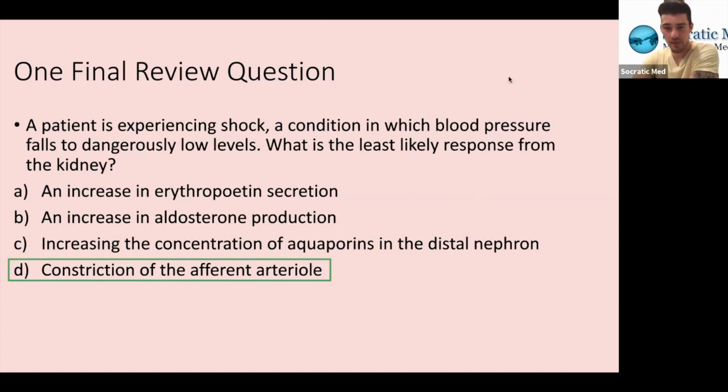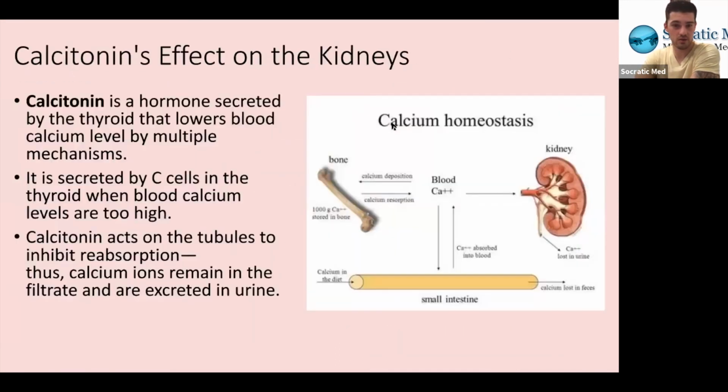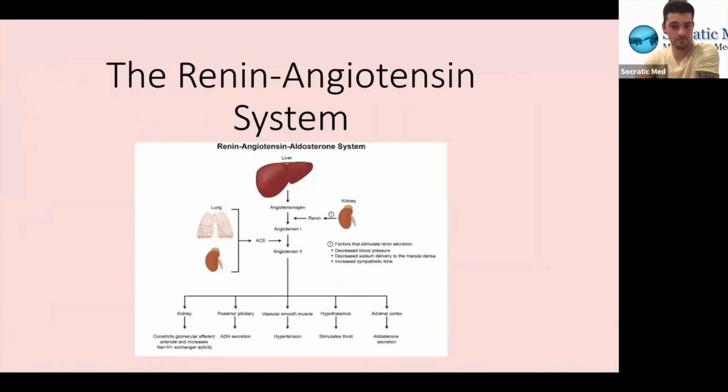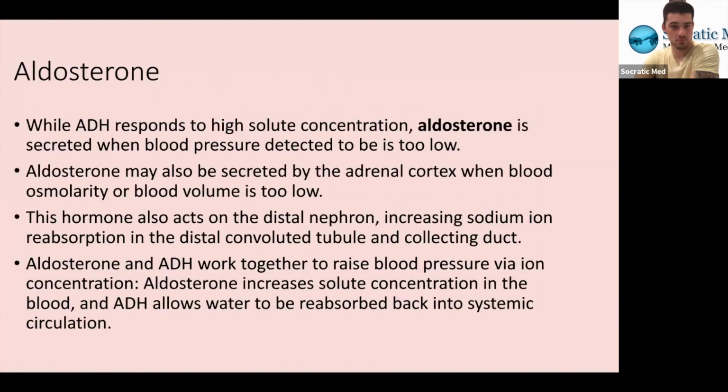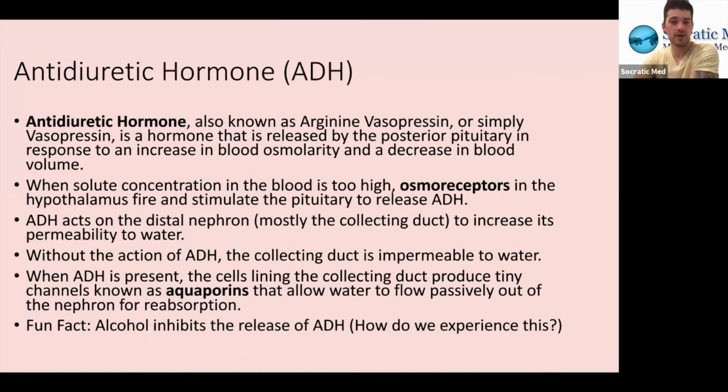So, quickly restating the ADH and aldosterone functions. Let me see if I can go back to them. ADH is antidiuretic hormone. When solute concentration is too high, antidiuretic hormone is released, and what it does is it inserts aquaporins in the collecting duct, which is the last part of the nephron.